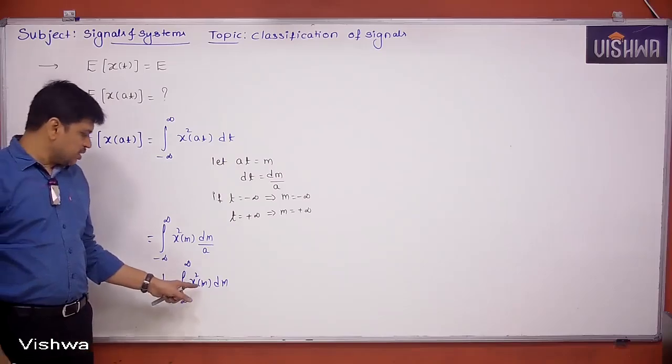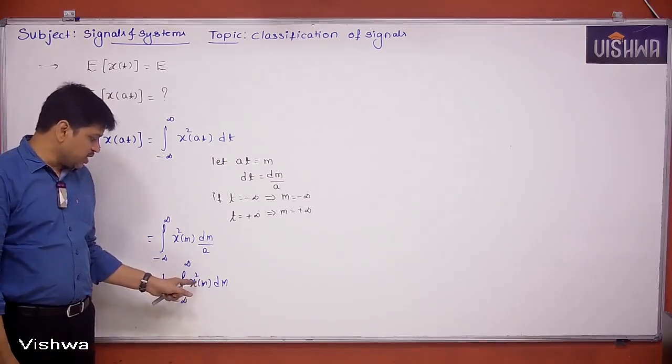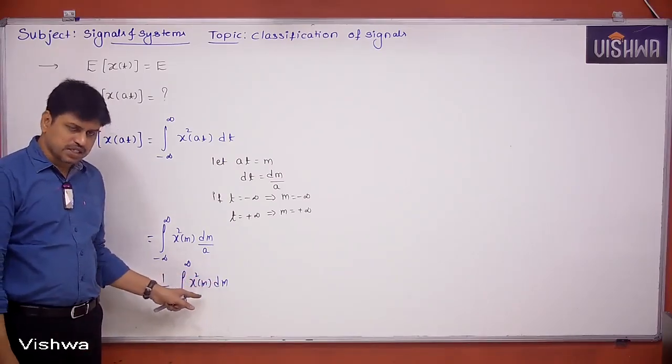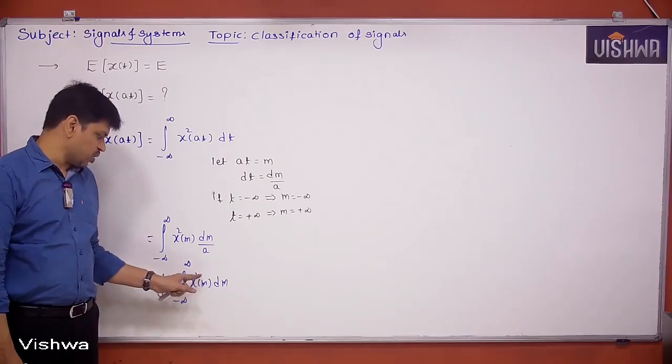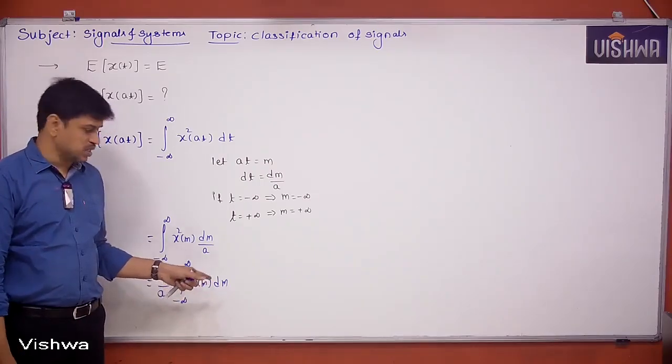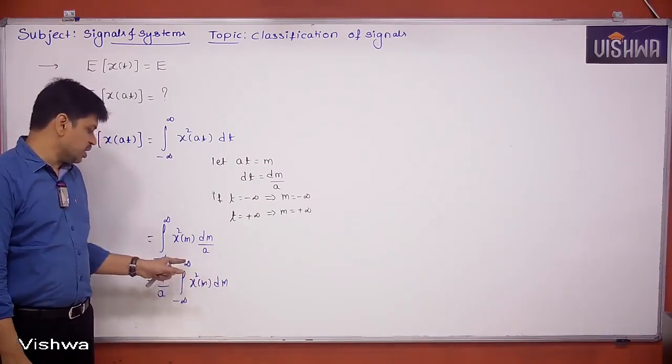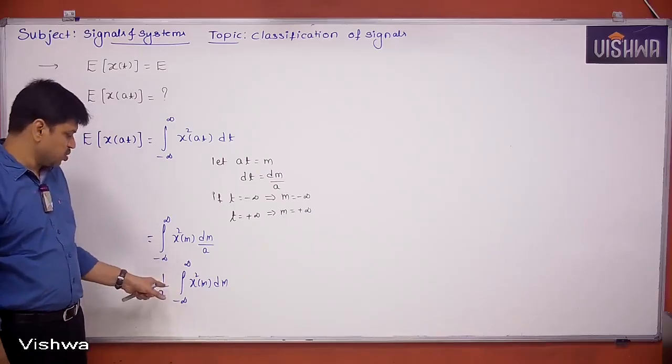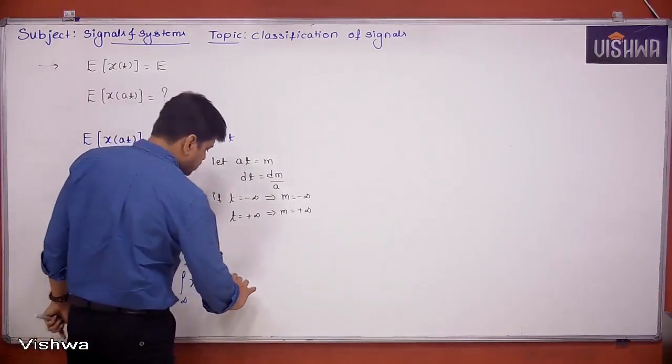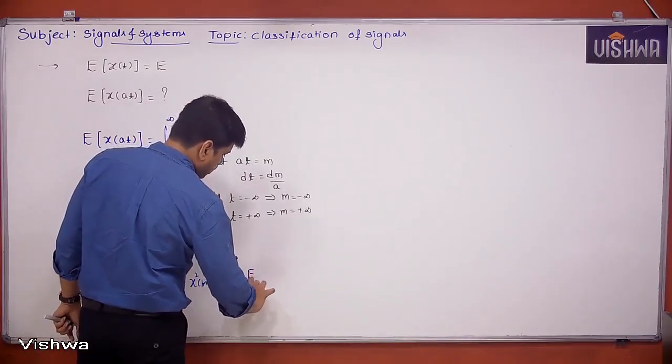See, here the only variable is changing. Suppose if I write x of t square dt, it doesn't matter if you write x of m square dm, because only the variable is changing. So if the variable is changing, the integral value does not change. So still this is going to be the energy divided by a.